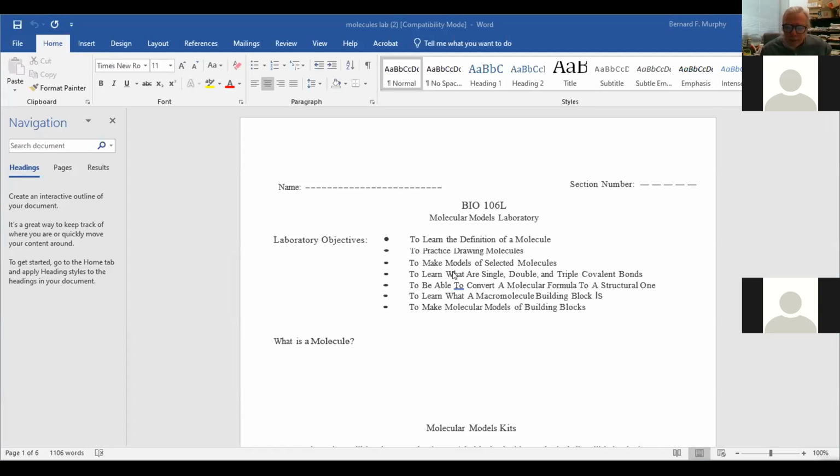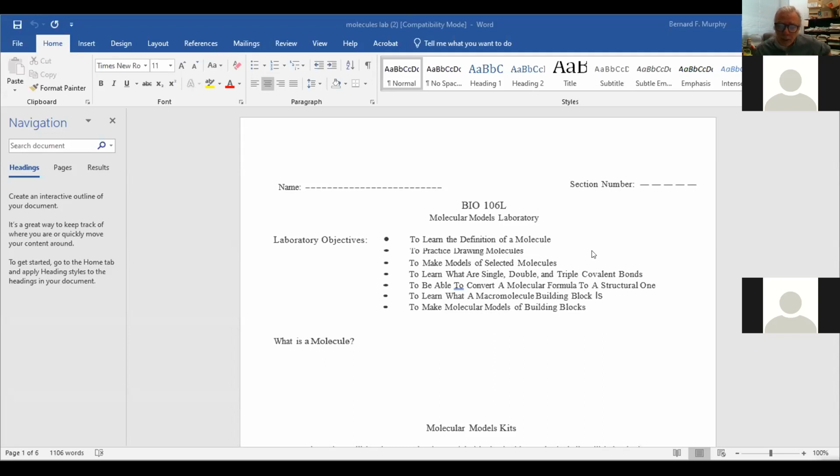Here are the objectives: learn the definition of molecule, practice drawing molecules, and make models of selected molecules. We'll talk about that, and say what we would have done had we been on campus. Learn what single, double, and triple covalent bonds are, what a covalent bond is, and the 2 types.